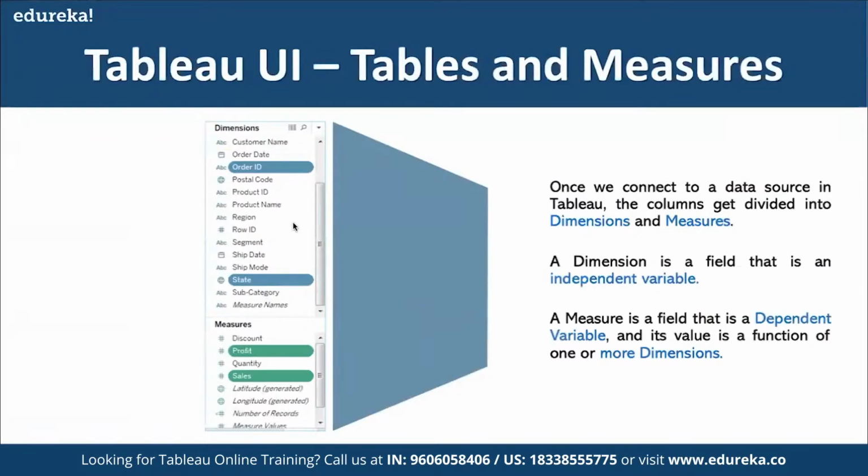So once you connect to the data source, the fields from the connection are divided into dimensions and measures. So what is a dimension and what is a measure? Dimension is basically categorical data, and measures are mostly numerical values on which you can perform any sort of mathematical operations.